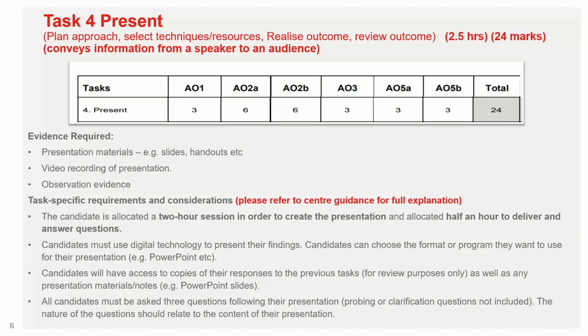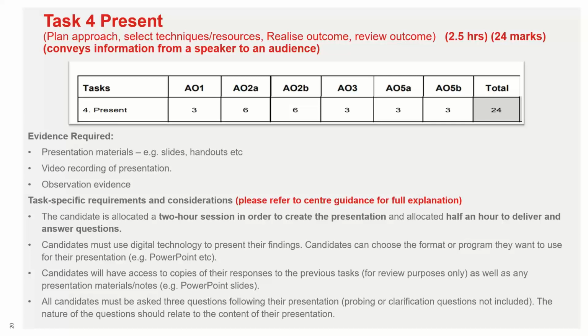Now, what we require as evidence is we want those presentation materials, the slides or any handouts, for example. It must be videoed and recorded on a microphone as well. So we need everything. We need to see what they're doing. It's the whole video recording of the presentation.